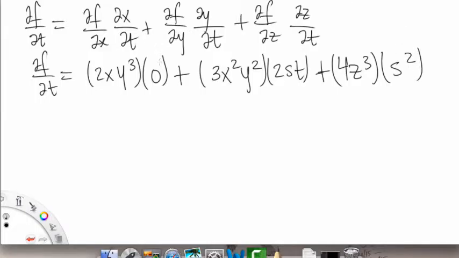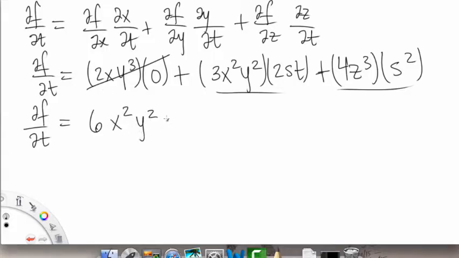So this first term just goes to 0, so that goes away automatically. That's good, one less term to deal with. And then we have these terms left over, so let's write those down. We have the 3 and 2 combined to make a 6, and then x squared, y squared, st, plus 4 times z cubed times s squared.